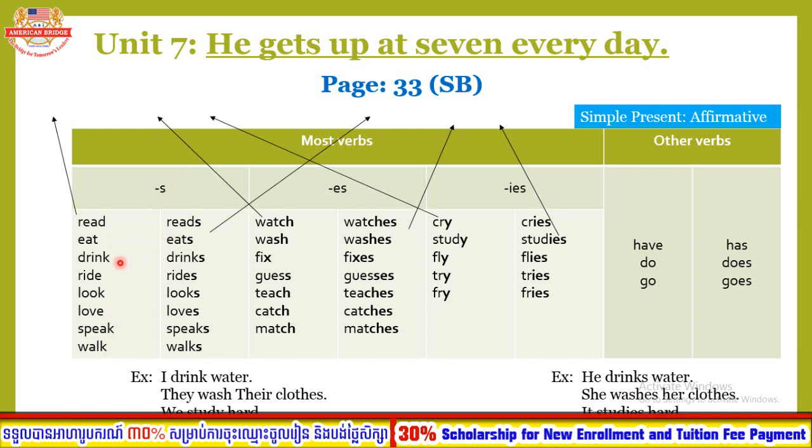When we use them with he, she, it, we need to add s: reads, eats, drinks, writes, looks, loves, speaks, walks. Got it? And the other verbs that end with ch, sh, and x, or c and ch here, and also s.